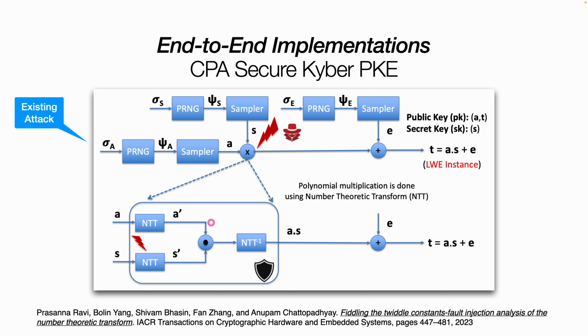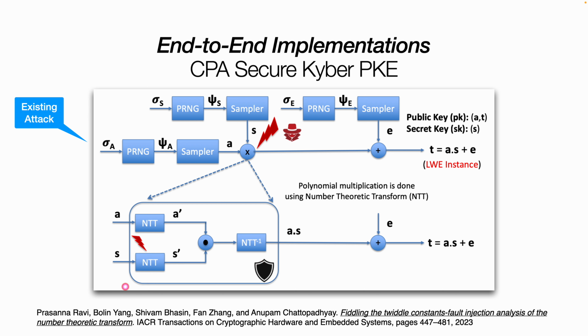Another one is Kyber, which is the NIST standard for public key encryption among the PQC schemes, post-quantum cryptographic schemes. And here, there was an attack published at last year's CHES, which targets the polynomial multiplication operation. The polynomial multiplication operation is usually done through NTT due to its efficiency.